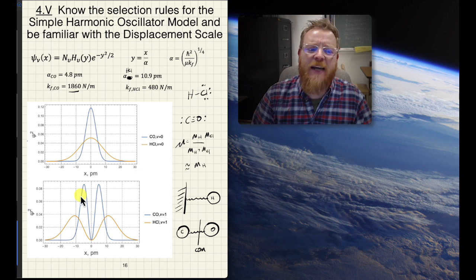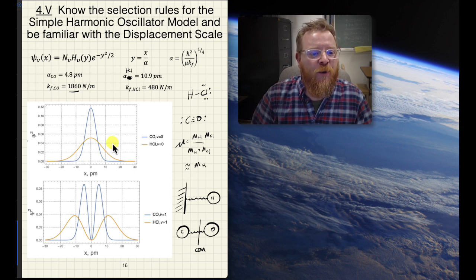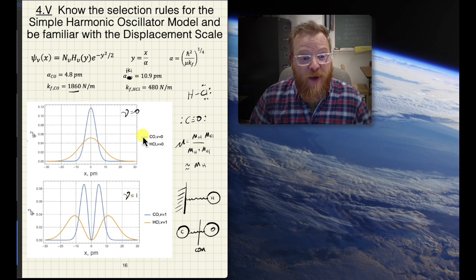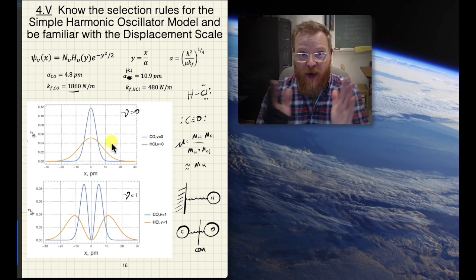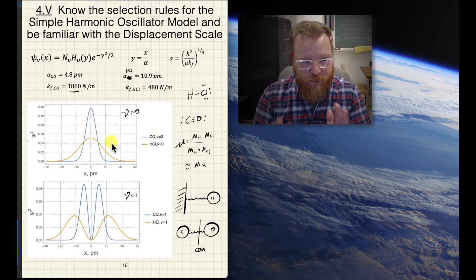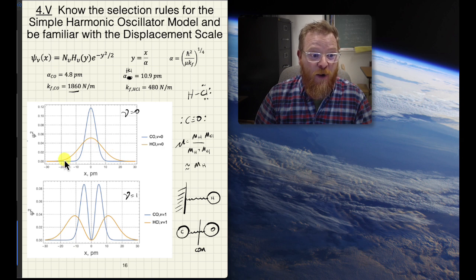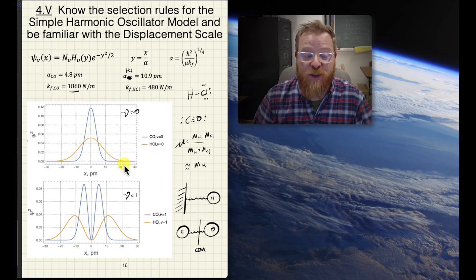And now the last thing I've got here is a look at the nu equals 0 wave functions and the nu equals 1 wave functions for comparing CO to HCl. And we can see again that CO is a much tighter, stiffer spring than compared to HCl. We can see HCl is much more spread out in its value of psi squared.